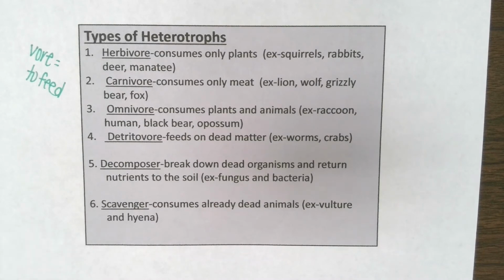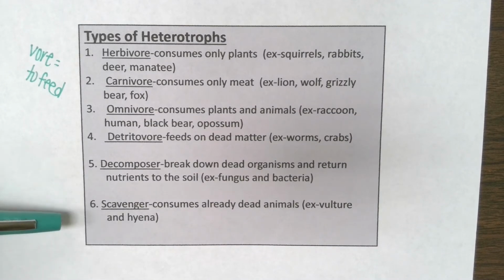They are feeding on this dead matter that is being decomposed by some sort of fungus or bacteria. It's in the process of being decomposed, but they're going to actually be consumers and take it into their bodies, even if it's already partially decomposed. So they're kind of a confusing one, and a lot of times they're shown in lots of different places on food chains and food webs.